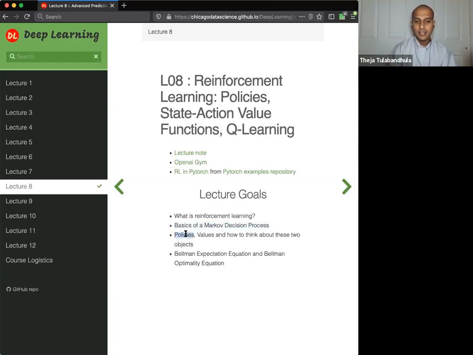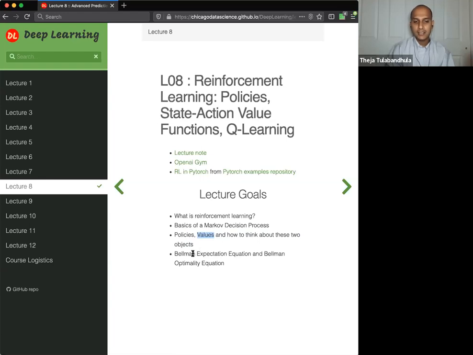And you should know the basic components in any RL style problem. The basic component is a policy, and we already saw what a policy is. It's just a mapping from context to actions. We'll also figure out what a value is. We can ascribe values to contexts or states, and we'll talk about why this additional object is needed.